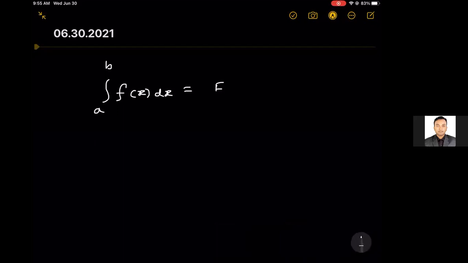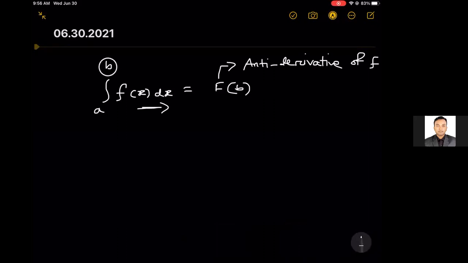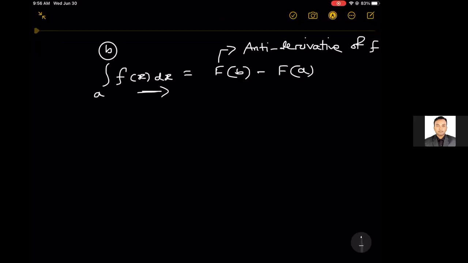And this is capital F, which is the general antiderivative of the small f. So this is actually the same as evaluating the antiderivative at the upper limit minus evaluating the antiderivative at the lower limit. Okay, let me show you one example.